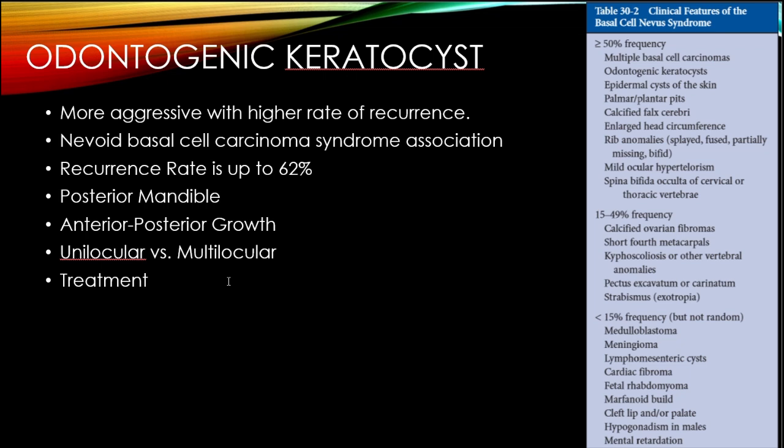Now, in basal cell nevus syndrome, usually we will have multiple basal cell carcinomas, epidermal cysts of the skin, odontogenic keratocysts, palmar plantar pits, calcified falx cerebri, rib abnormalities, bifid ribs, spina bifida, and so on. Now, the more important one is the medulloblastoma. It's very risky, and if it's present, it causes a very high risk for the patient.